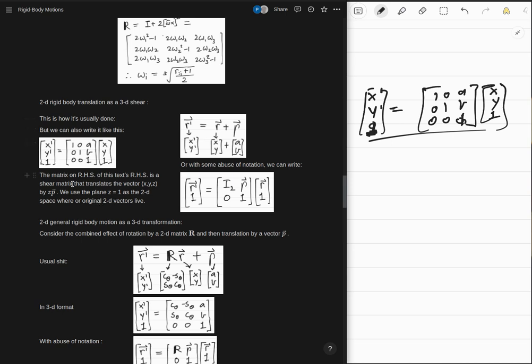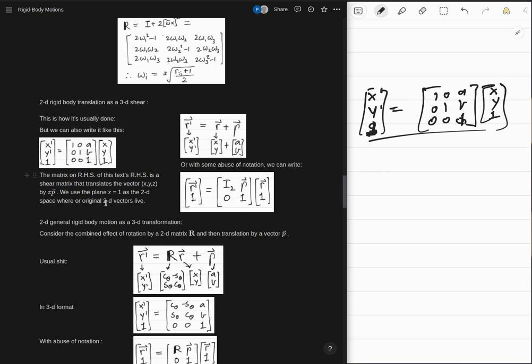So if this was not 1, if this was z, then you would get x dash y dash z dash equal to all this matrix applied on xyz. So you just have z times this vector. So then our r dash vector over here would not be r vector plus p vector, that would actually be r vector plus z times p vector. So that's why it's a shear, right?